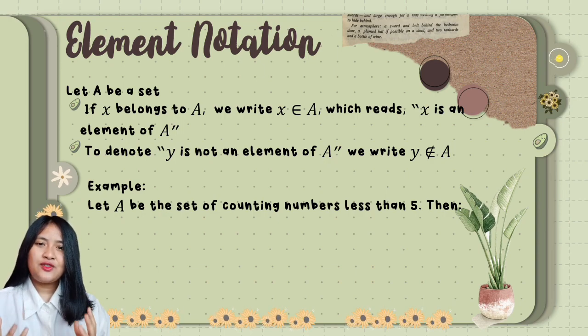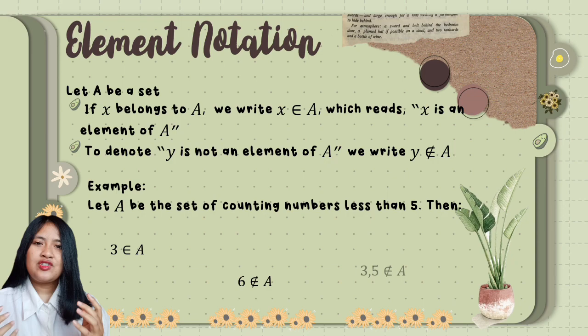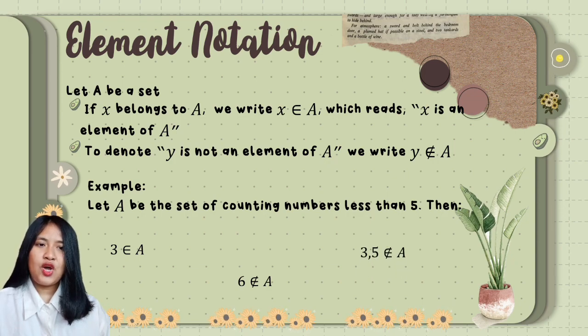Then, 3 is an element of A. 6 is not an element of A because 6 is greater than 5, and 3.5 is not an element of A because 3.5 is not a counting number.